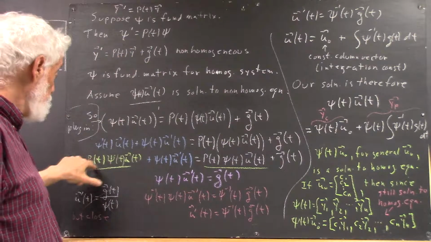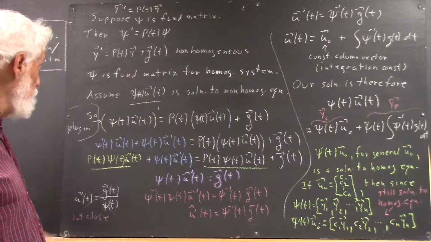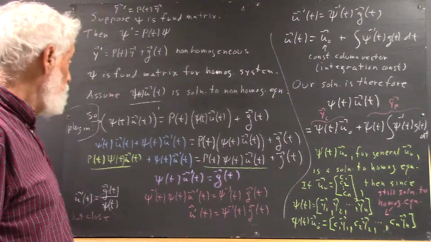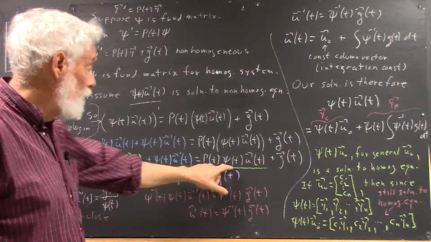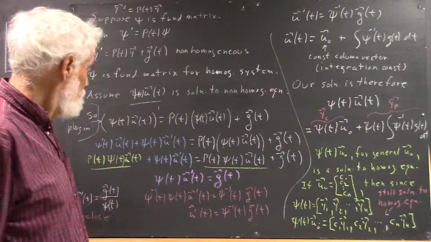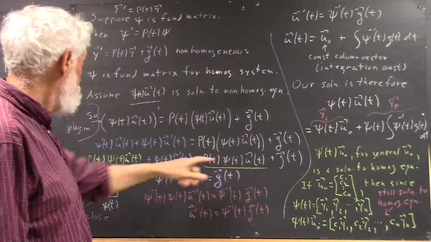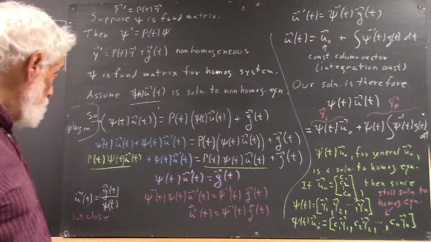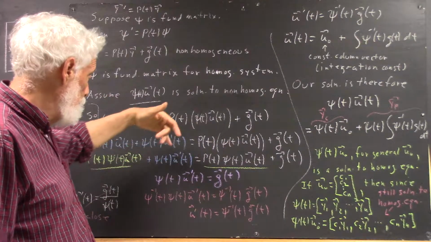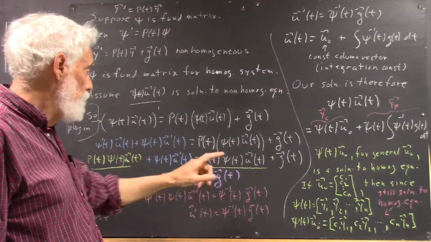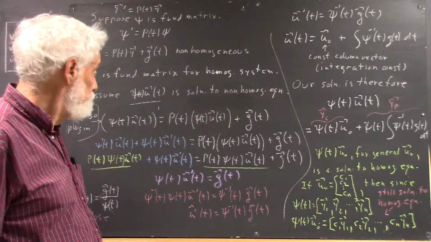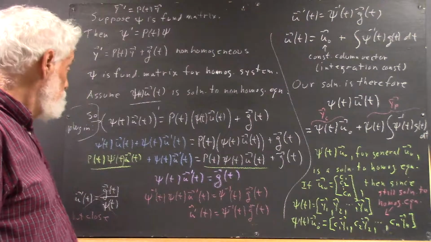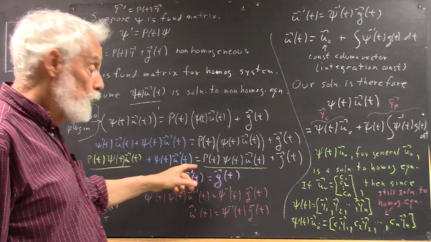Then this term matches this term. Subtracting from both sides, both terms disappear, leaving psi of t times u prime of t equals g of t. That's a relatively simple equation, easy enough to solve for u prime of t.